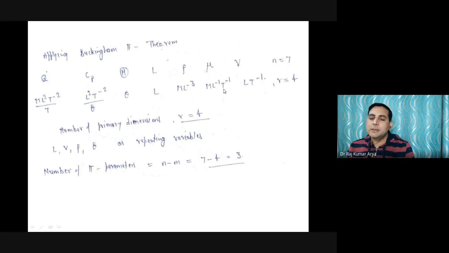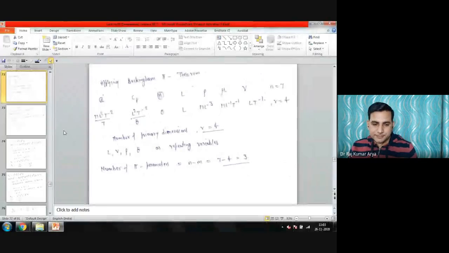Viscosity. You should know the dimension of viscosity. Do you know what viscosity is? How would you calculate it if you don't know it? The dimension of viscosity is kg per meter second. How would you calculate if you don't know? Any idea how you would calculate?